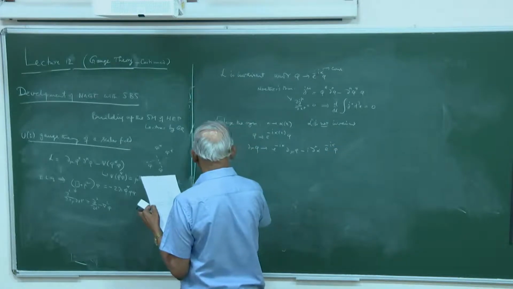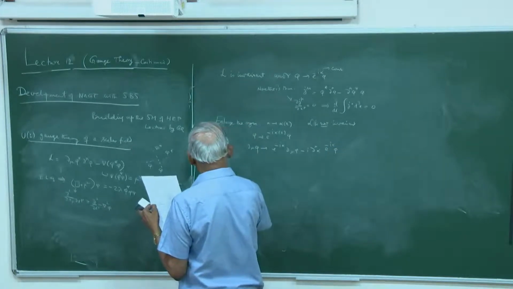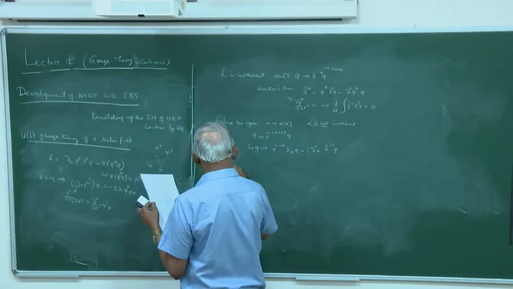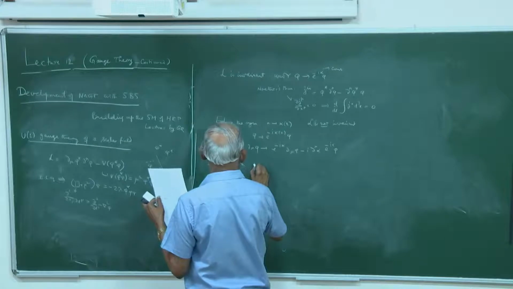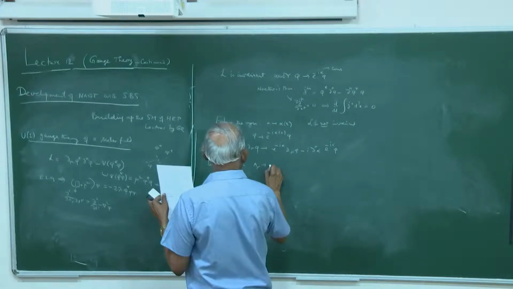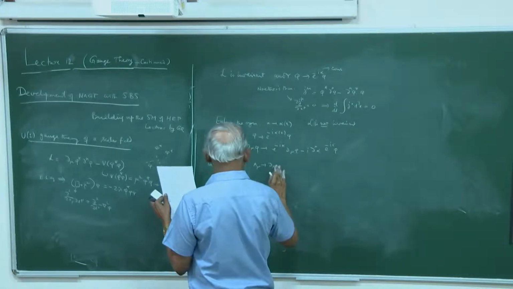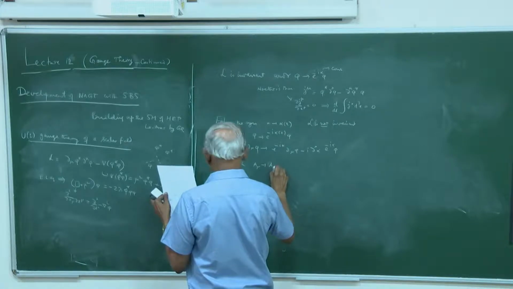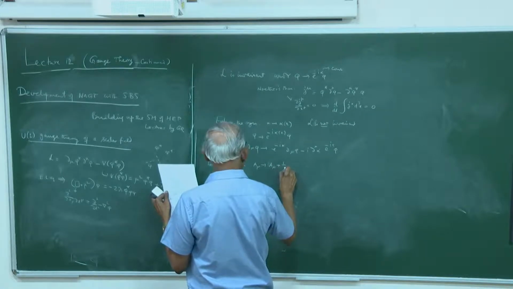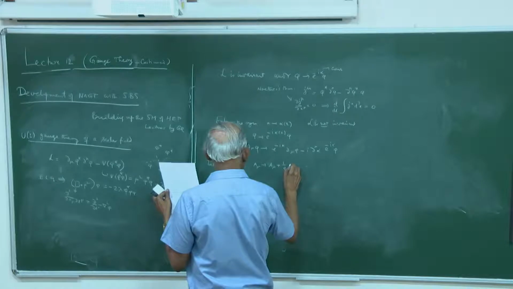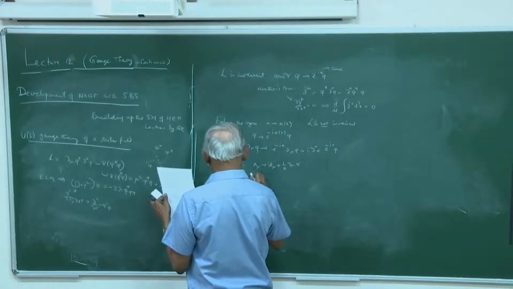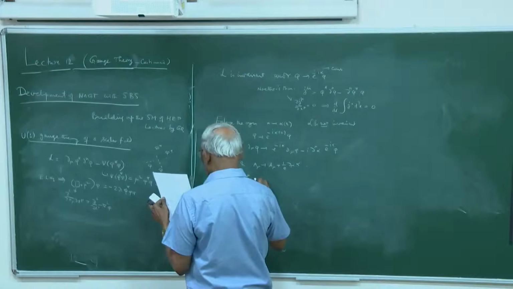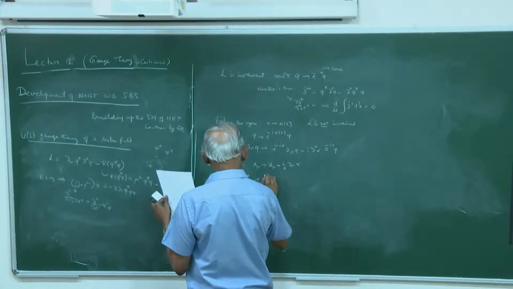So introduce A mu and demand that A mu goes to A mu plus a derivative term, 1 over e d mu alpha. Then the covariant derivative is d mu plus i e A mu.